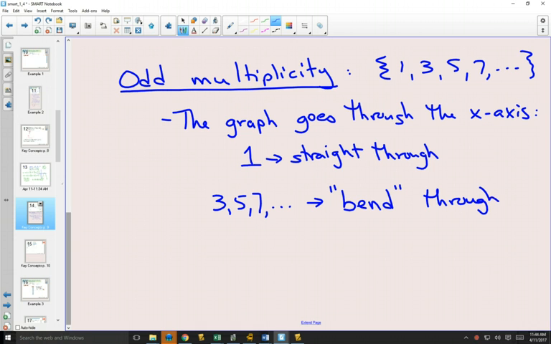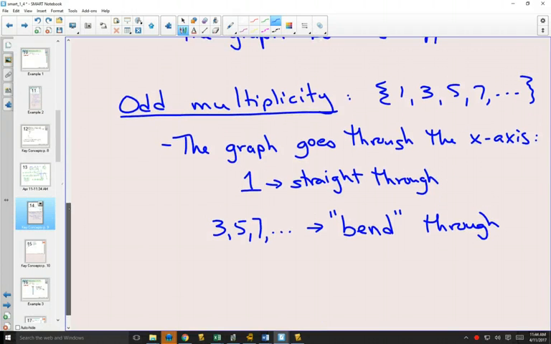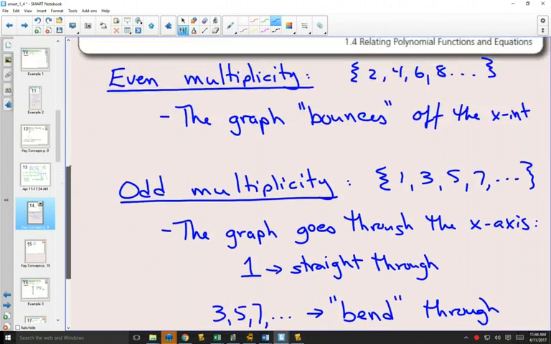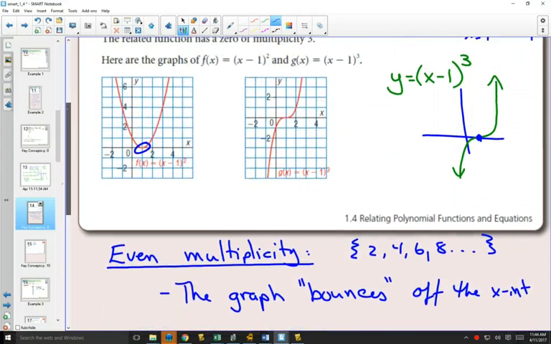Just like an x cubed graph has a bend. It bends so much that the graph actually gets flat. I don't know if you've ever noticed that on an x cubed graph. Later on in calculus, you're going to find out that it changes something called concavity.